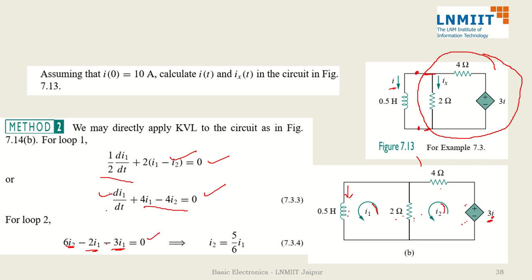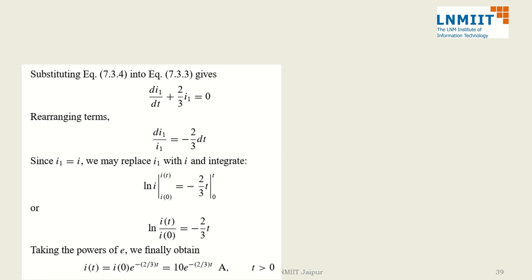This is my second equation. From this equation, I got I2 equal to this. Replace this I2 here, and you get an equation purely in terms of I1. Then just solve it using integration and you get the expression of I1(t). So both methods will work.